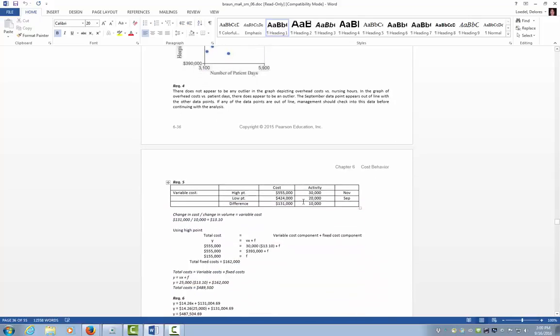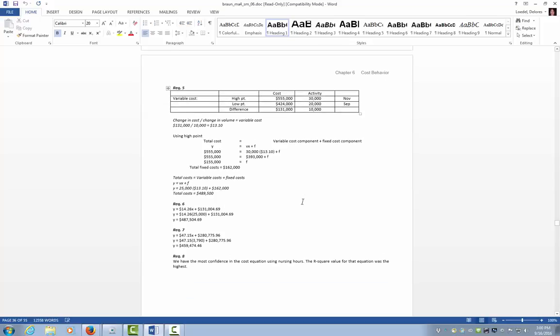Okay, so our last requirement for that first set of requirements on that first page was to use the high-low method. Using the high-low method, first we take the highest point for cost and the lowest point for cost, and you're taking the activity related to the high point and the low point.